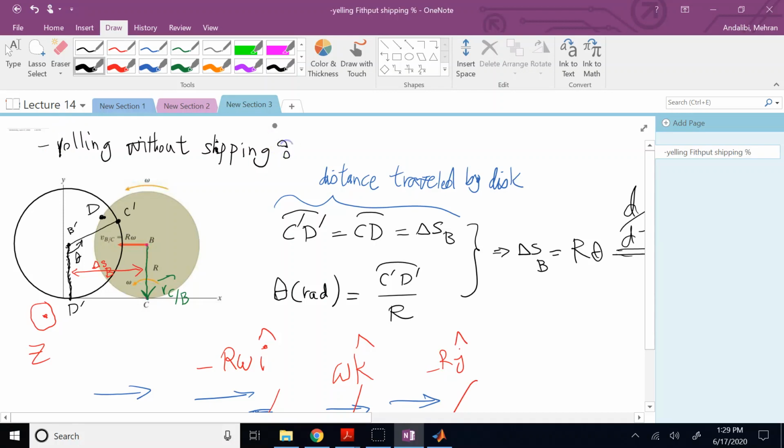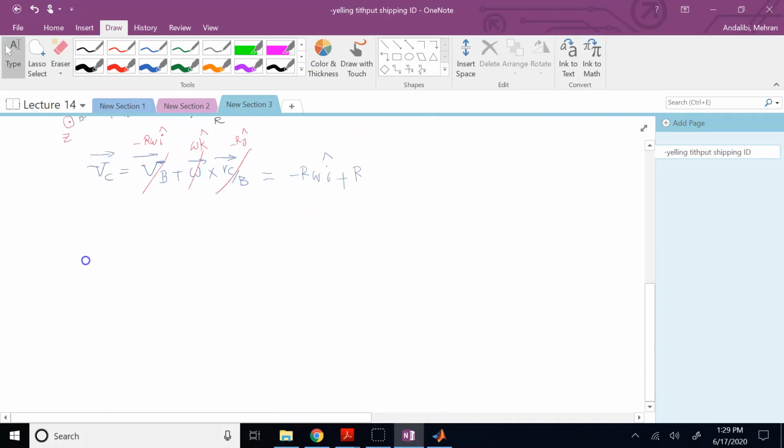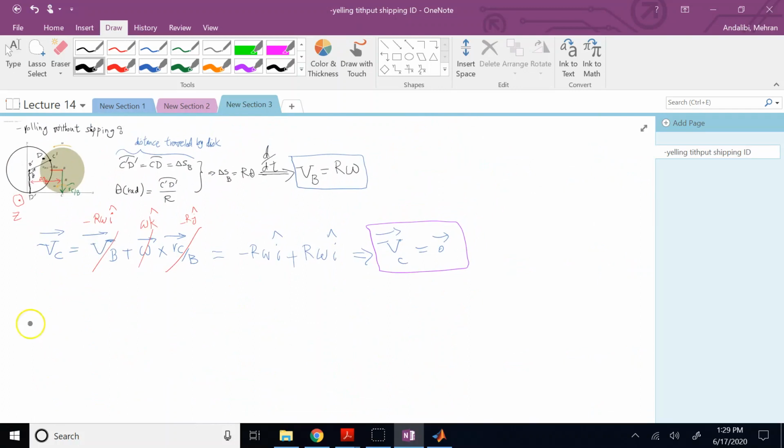Now, before I go forward and talk about velocity of other points on this disk, I want to talk about this slipping. If rolling happens with slipping, what's the difference? Clearly, you can show that V of C is not equal to 0, in magnitude or vector, doesn't matter.